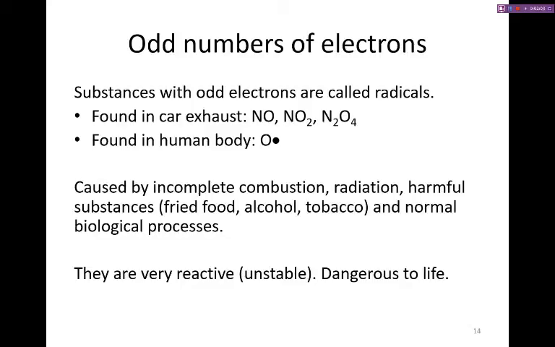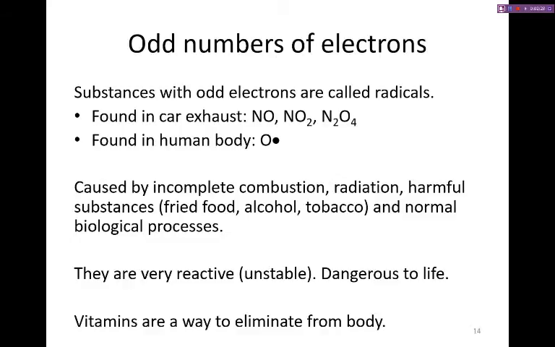Because what happens is that these molecules will come and rip off electrons from other molecules, other parts of our bodies, and that will cause a chain reaction where these radicals rip off electrons, disrupting the structure and the stability of a molecule. That process continues until you get two radicals that collide together.